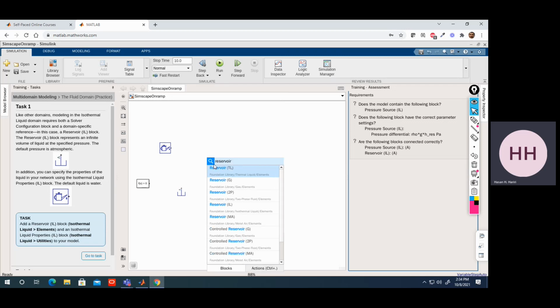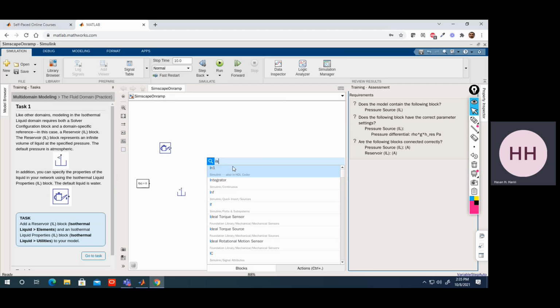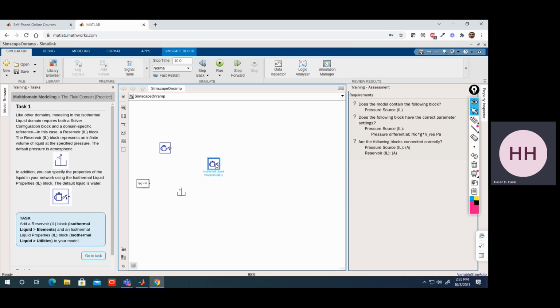Here it is. And it's the same for the other block, the isothermal liquid properties. If you write isothermal liquid properties, you'll find it. We don't need it one more time.